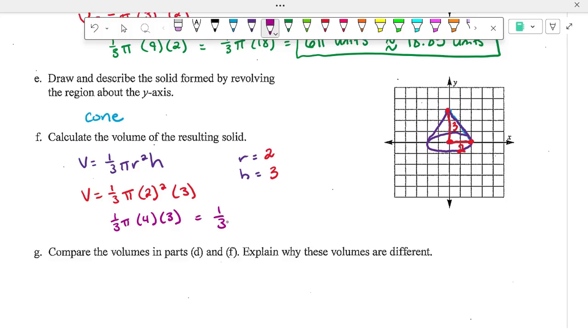So I have 1/3 pi times 12. 12 times 1/3 is the same thing as 12 divided by 3. 4. So this would be 4 pi units cubed. So it's approximately what if you put in your calculator? 12.56 or 57? 57.